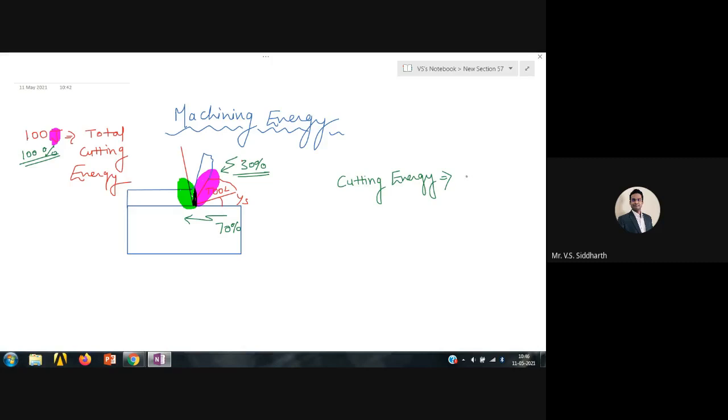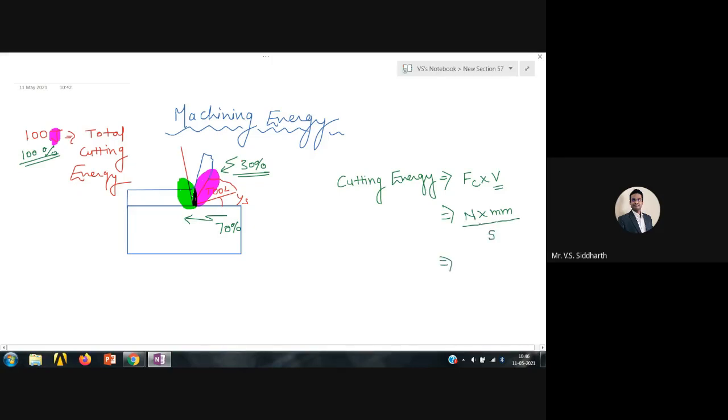Cutting energy is equal to cutting force multiplied by cutting velocity. The force will be in Newton, and velocity will be in mm per second.